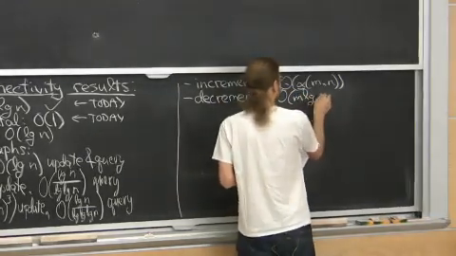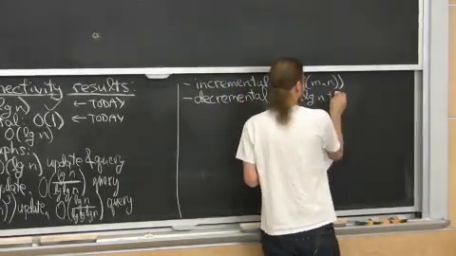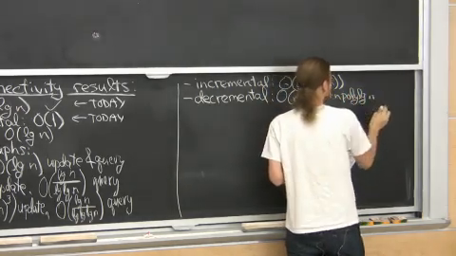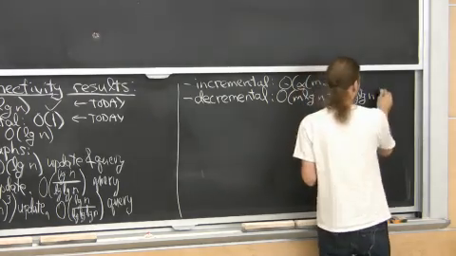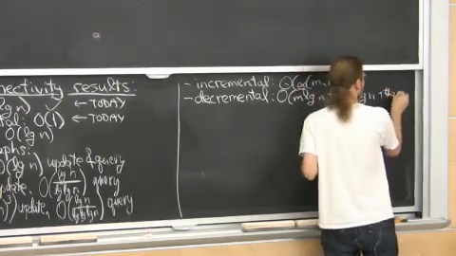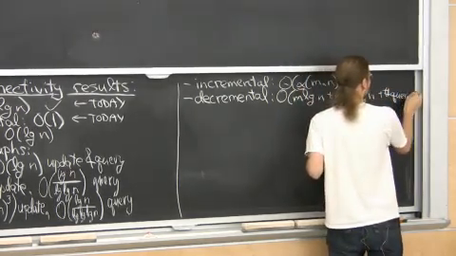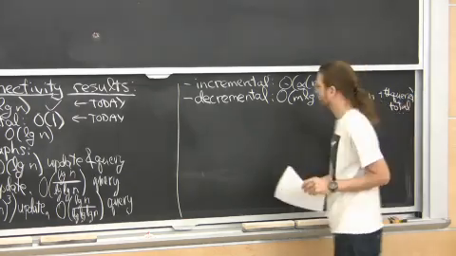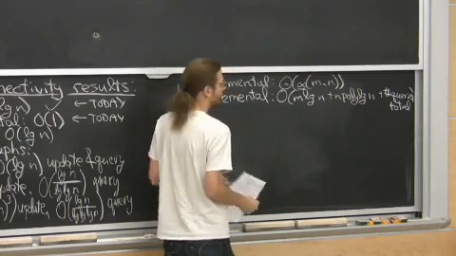Decremental, there's essentially a log n solution. Not quite, but for dense graphs, there's a log n solution. So I'm stating, instead of a bound per operation, this is a total bound.